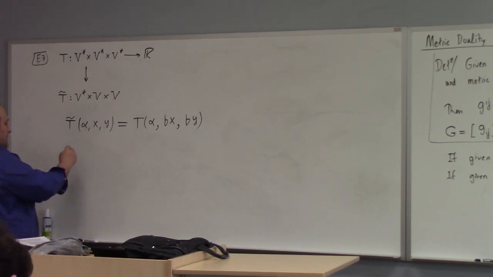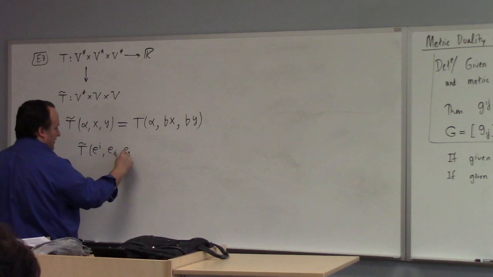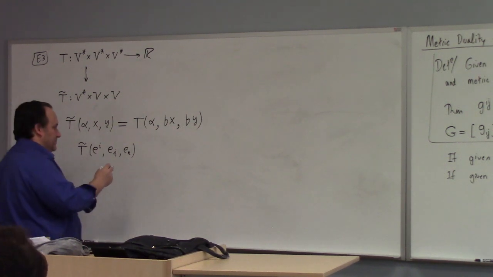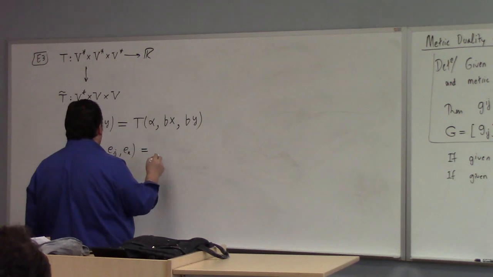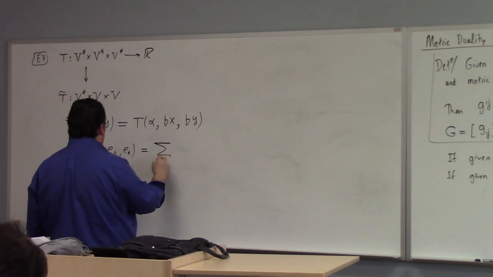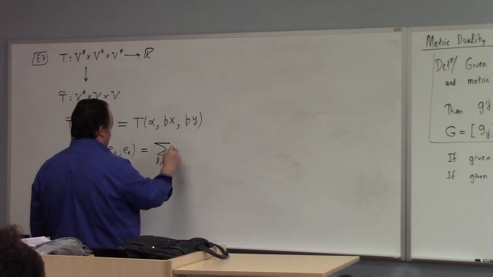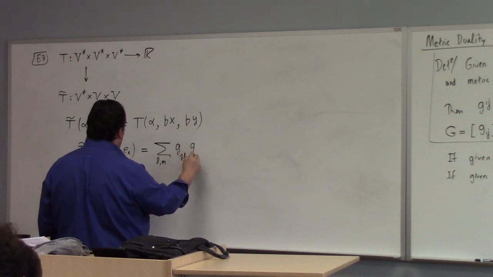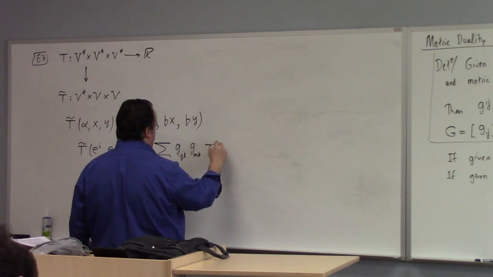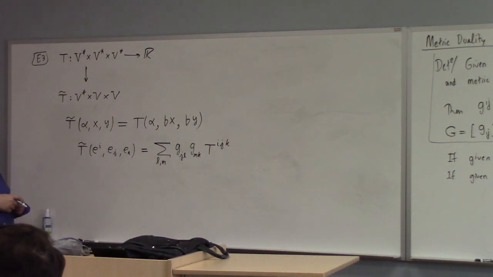And if you calculate T tilde of, let's say, E upper I, E lower J, E lower K, that would be equal to the sum over, let's say, L and M, I'll use L and M for indices, why not, of G_JL, G_MK, T upper I, L, M, when you work it out.